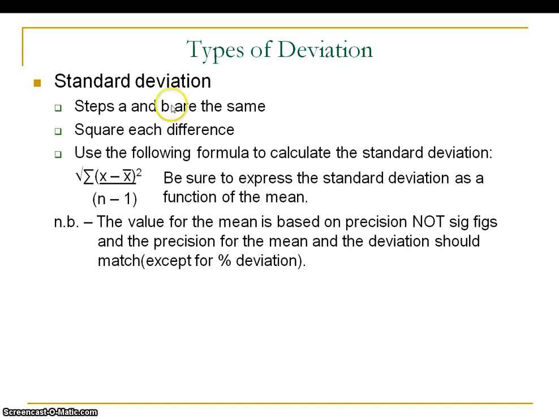That's what this crazy little sideways E symbol means. That means you sum all those values together, the square of all those values. Then we're going to divide by the number of data points you had, minus 1. That's what n would be. So for our previous example, we had 4 data points, so here it would be divide by 3.